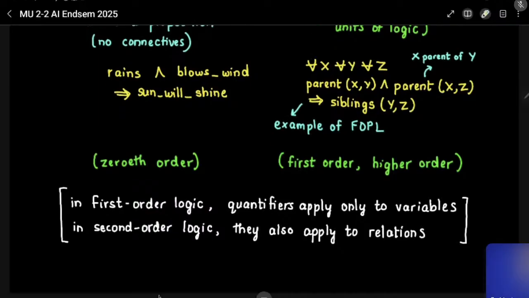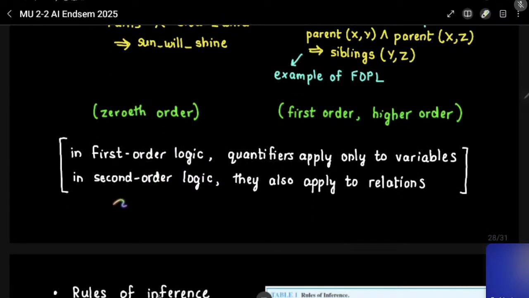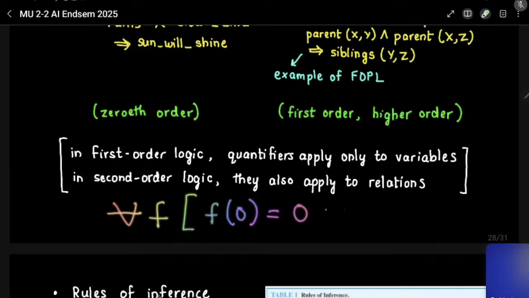But if you use it for something like, let's say, for all f, if f of 0 is 0, then I can say red f.